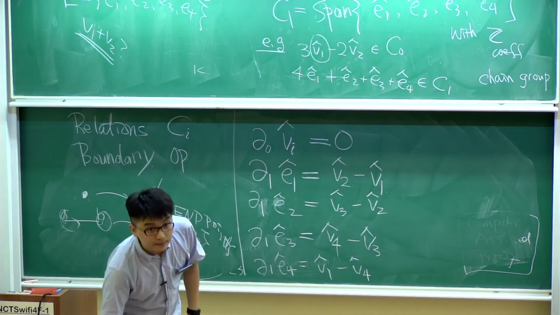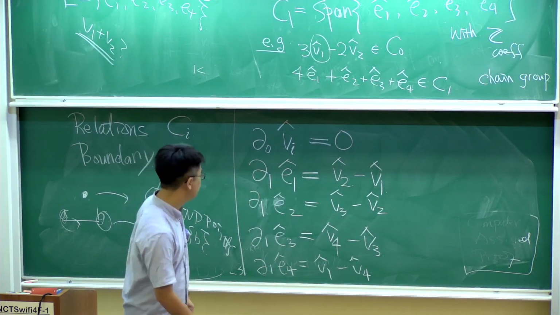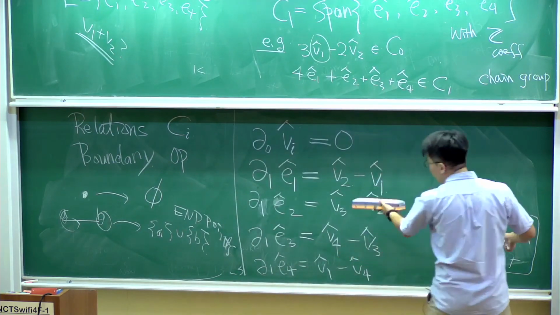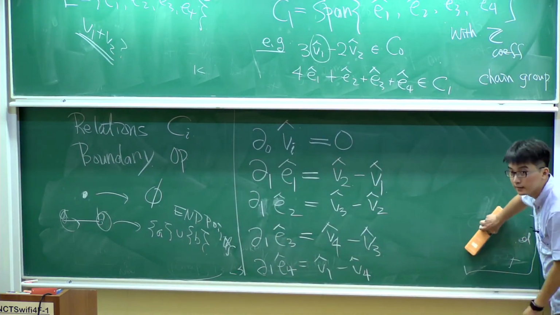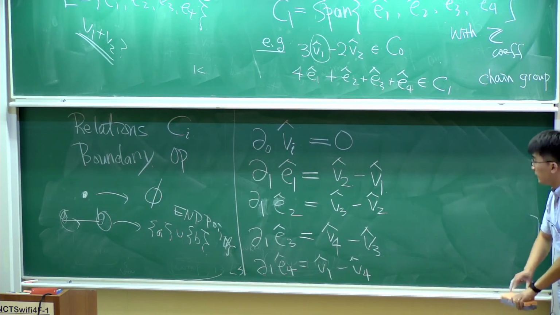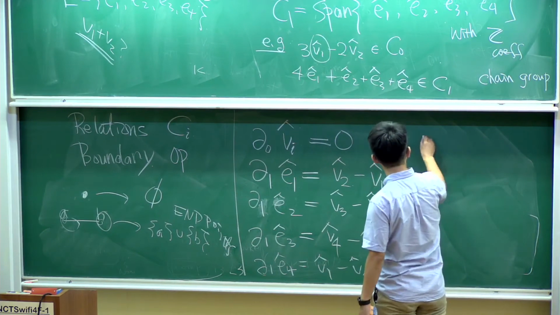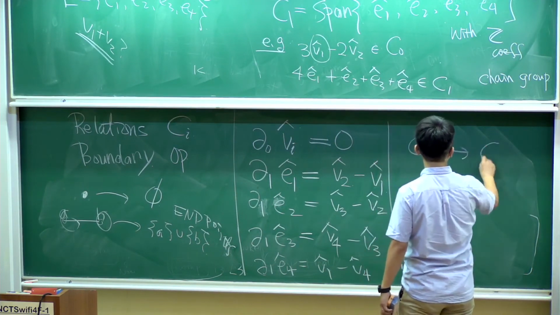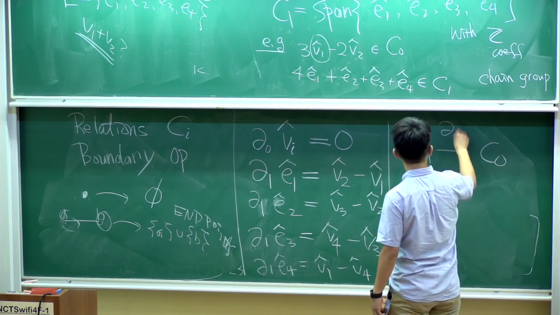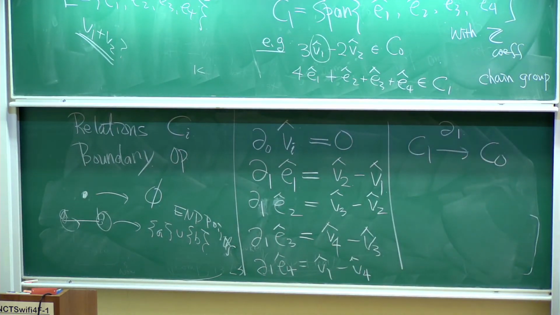Come again? We assume that operators are linear. Yes, yes. Well, we define it this way, so it will be linear. Okay. All right. So what this means is now we have a linear map from C1 to C0. This is a boundary map. Okay. This is a linear map. Right. So really, really close, right?